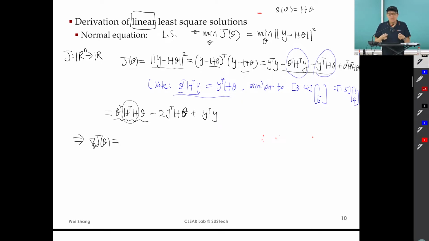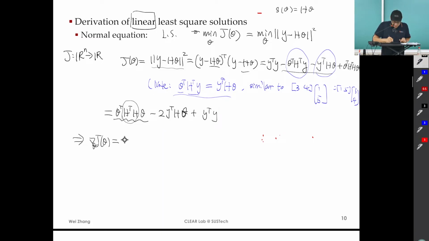In fact, that's how you generate a symmetric matrix in MATLAB or Python. If you want to generate a random symmetric matrix, you just randomly generate a matrix H, you transpose, then you get a random symmetric matrix. Okay, that's how it generates a symmetric matrix.